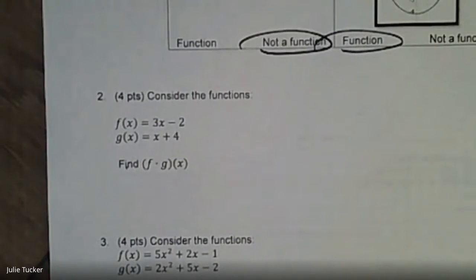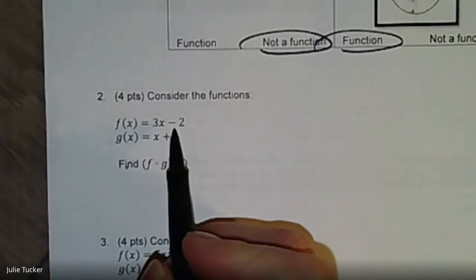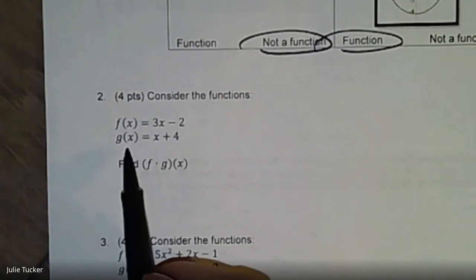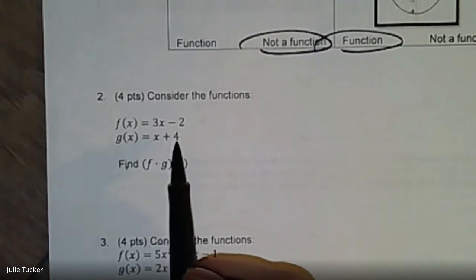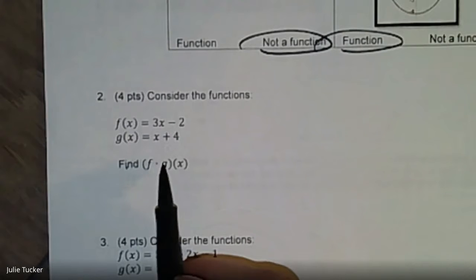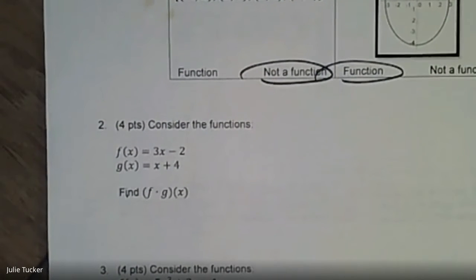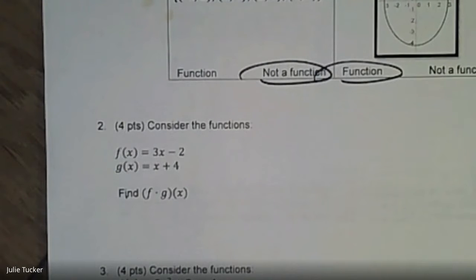All right, let's look at number 2. Consider these functions. F of x equals 3x minus 2. G of x equals x plus 4. Find f times g of x. So what should I do?